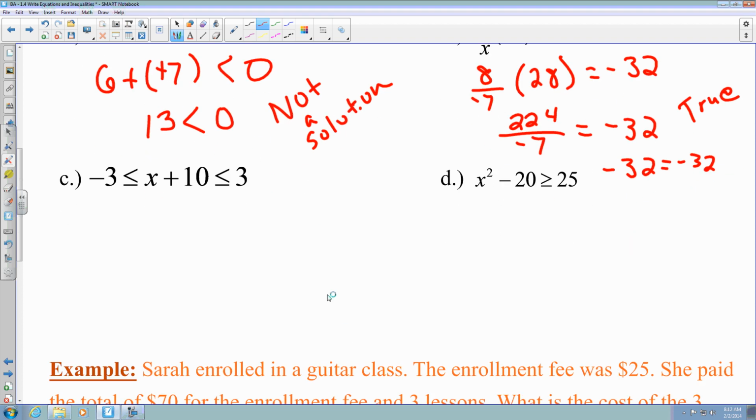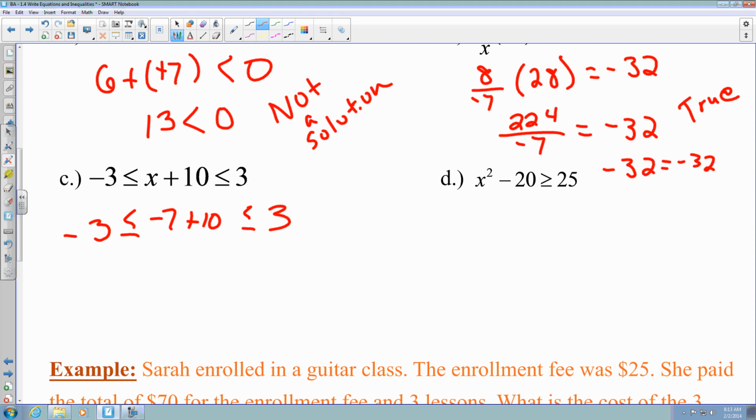Okay. Looking at C, I have negative 3 is less than or equal to x plus 10, which is less than or equal to 3. So I'm going to plug in negative 7 in here, so I got negative 3 less than or equal to negative 7 plus 10, which is less than or equal to 3.